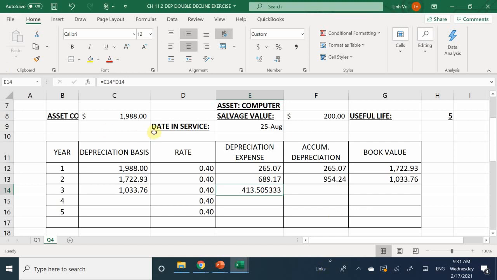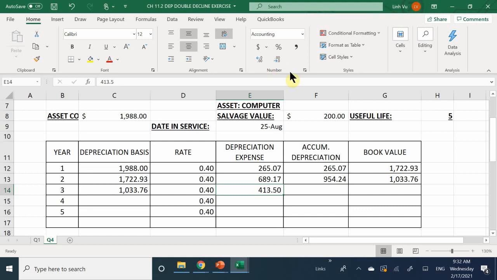So in this case I'm just going to type it in, since we know it's going to be 413.5. I'm going to leave it like that. Whether it's Excel or our calculators, we still get a rounding error no matter what.